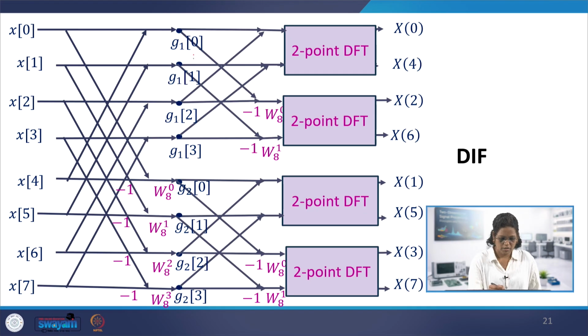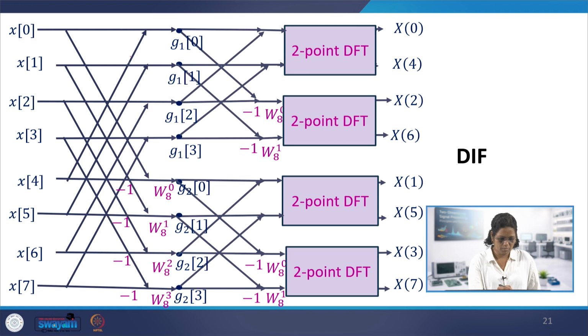Then we get G1 and G2, and here we have these DFTs computed. With the signal we can call this V11 or any of the sequences here, and then pass it to the 2-point DFT, the 2 points over here, each one.